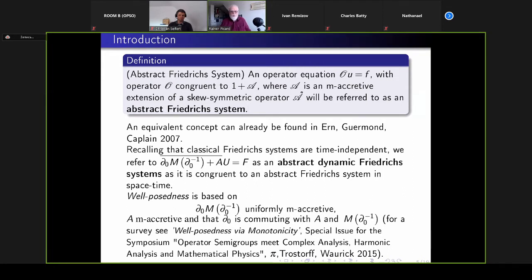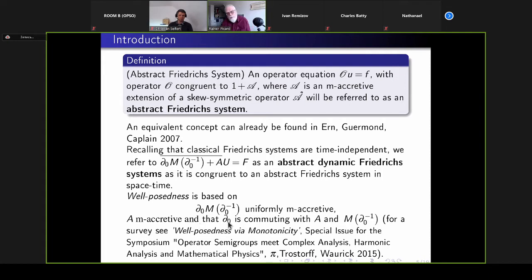And just to recall a little bit of the structural theory here, well-posedness of this type of problem can be based on two separate issues. You can separate this material law part and the A in the following way. The assumption is that this material law term, D0 M D0 inverse, is uniformly M-accretive, and A is M-accretive.